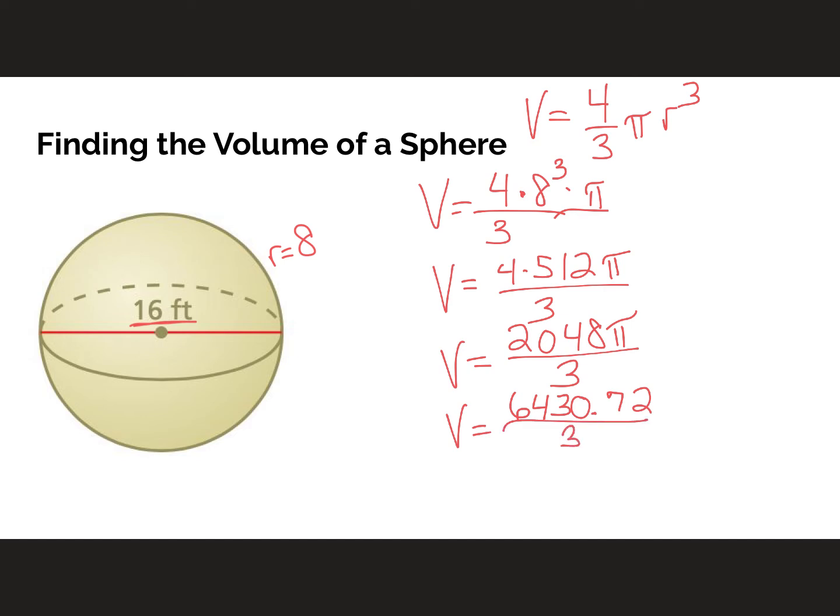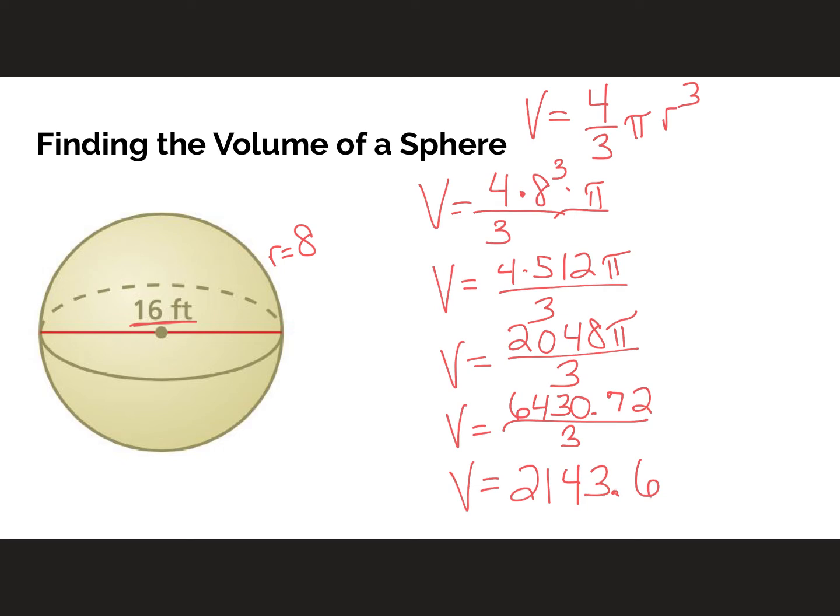And then I still just need to divide by 3. And that gives me a rounded estimate of 2,143.57. So it's going to be 0.6, rounded to the nearest tenth.